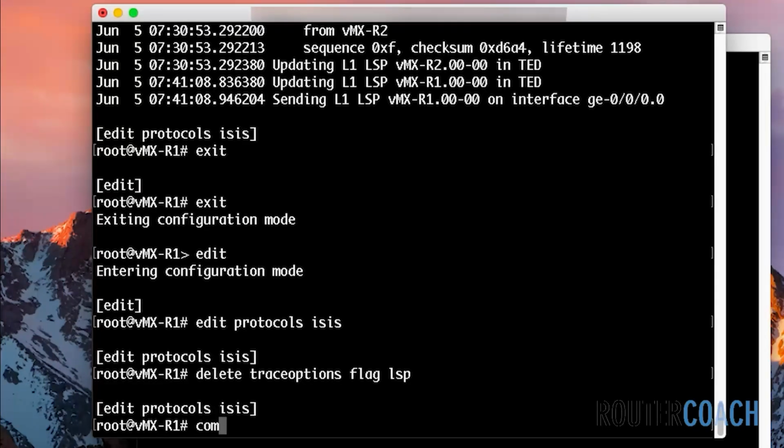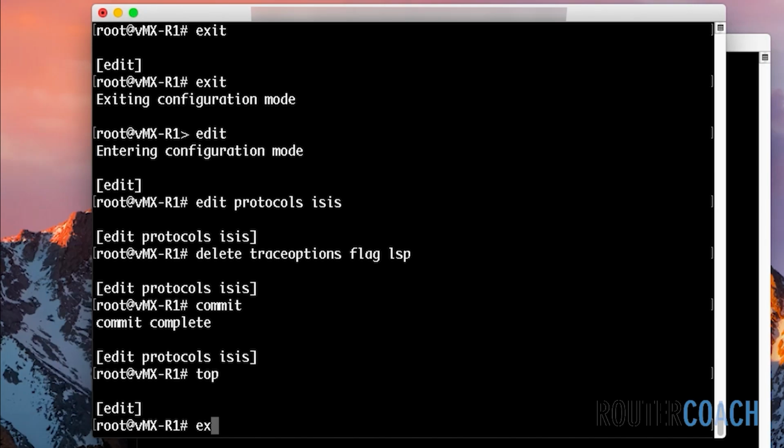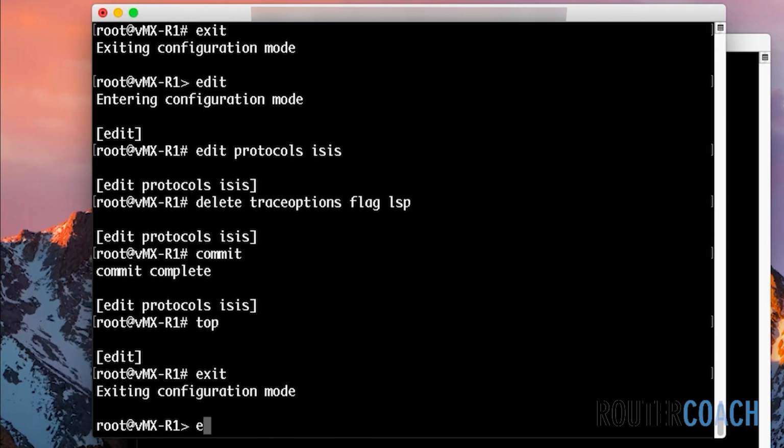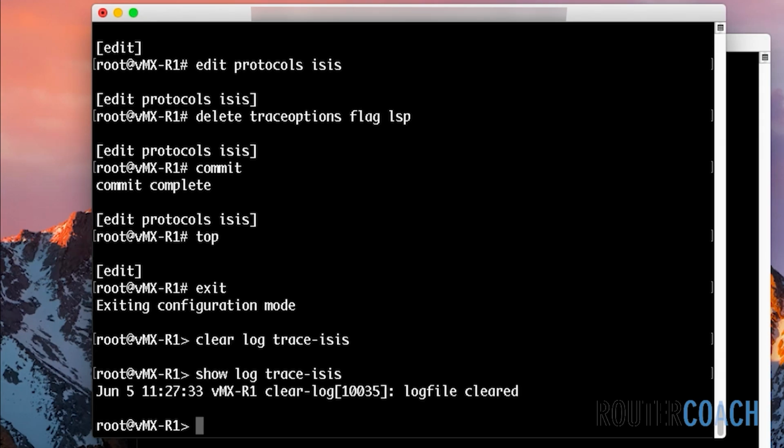I'll commit that, and then I'm going to clear the log. If I clear the log of the trace ISIS, and do a show log now, it should just show that it's cleared, and then we reset the trace options.